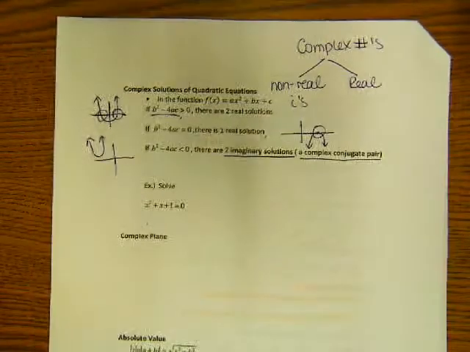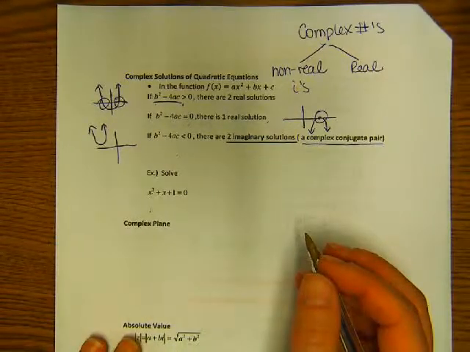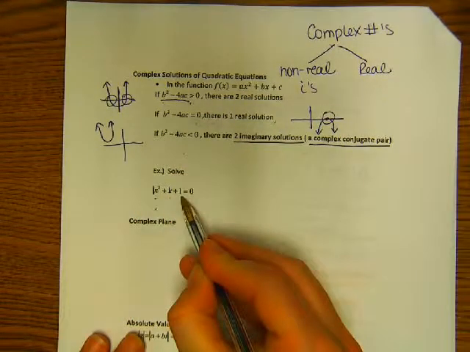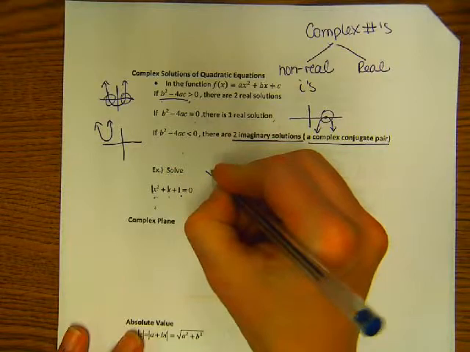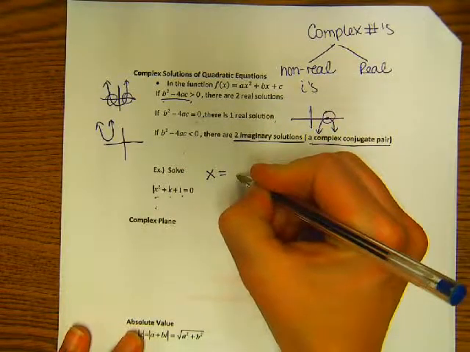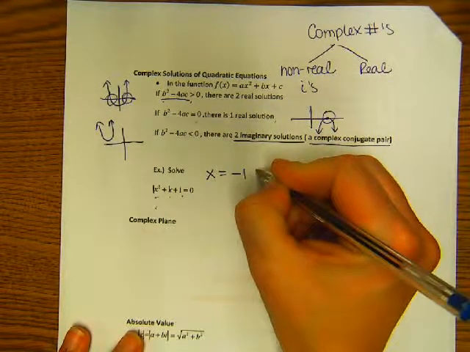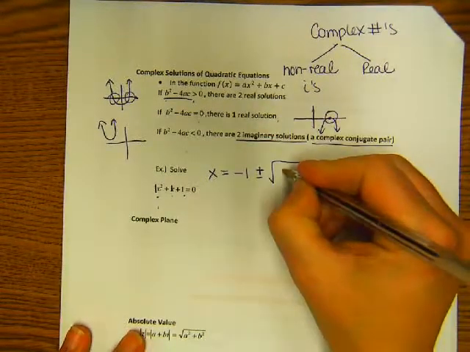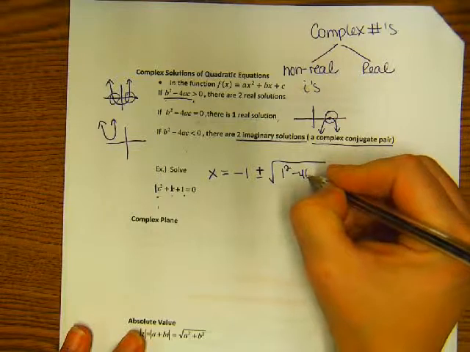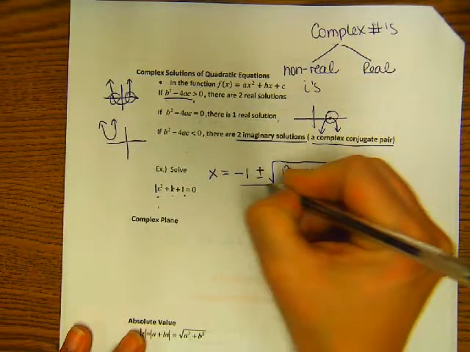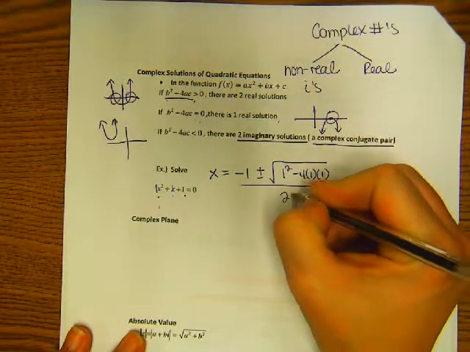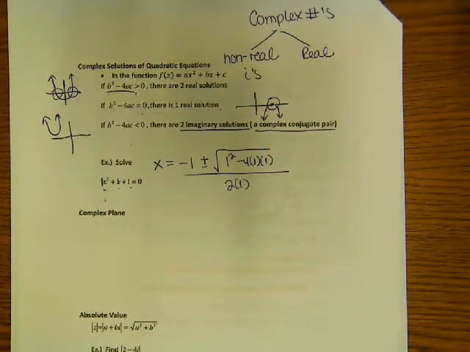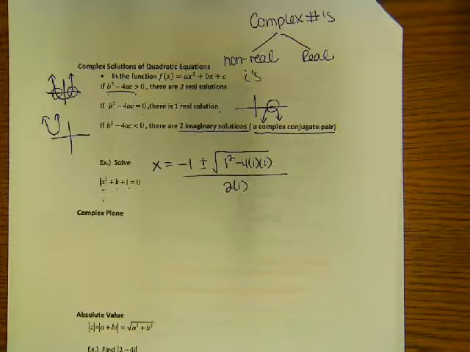Here's how we find them. Quadratic formula. A, B, and C are all 1. So here we go. Negative B would be -1 plus or minus square root. B squared would be 1 squared minus 4 times A times C all over 2A. All right, so I do this.